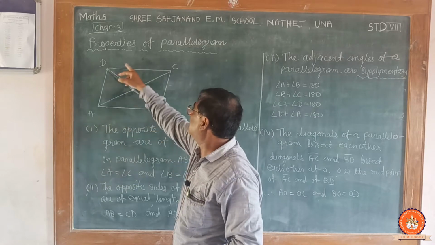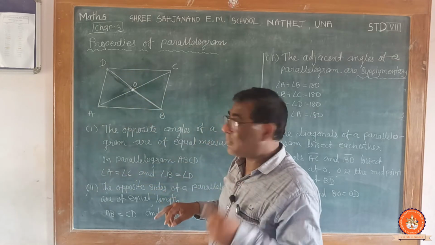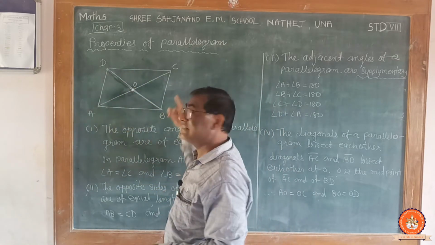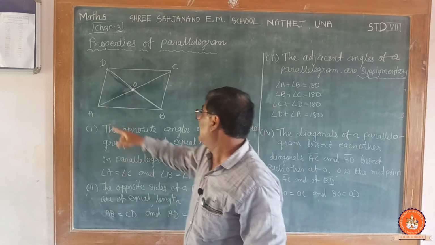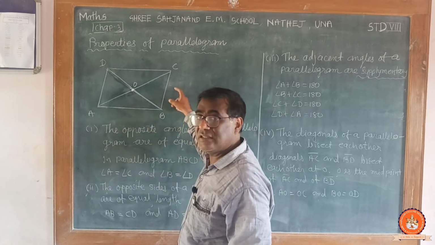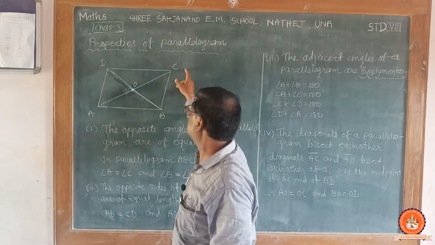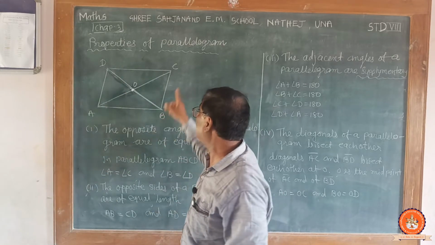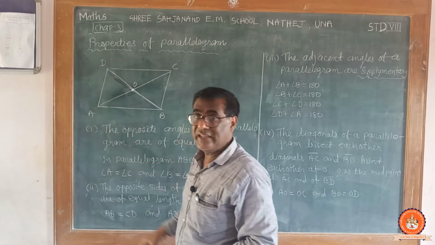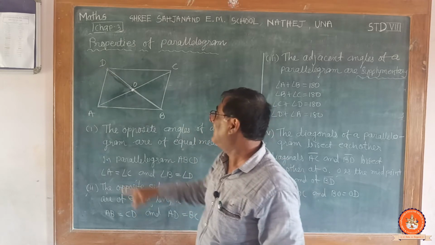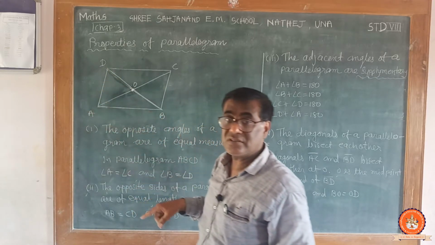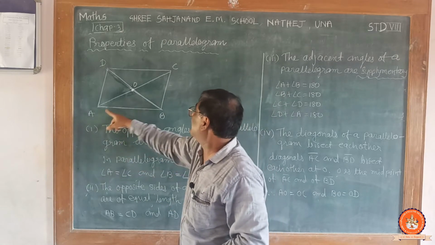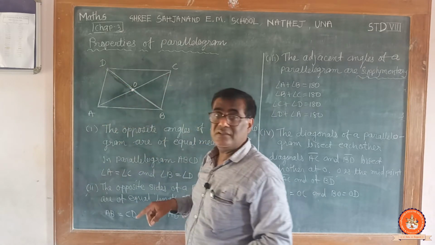AB and CD are one pair of opposite sides, AD and BC is the second pair of opposite sides. AB and BC is a pair of adjacent sides, BC and CD is a pair of adjacent sides, CD and DA is a pair of adjacent sides, and DA and AB is also a pair of adjacent sides. You can see that AC and BD are two diagonals.